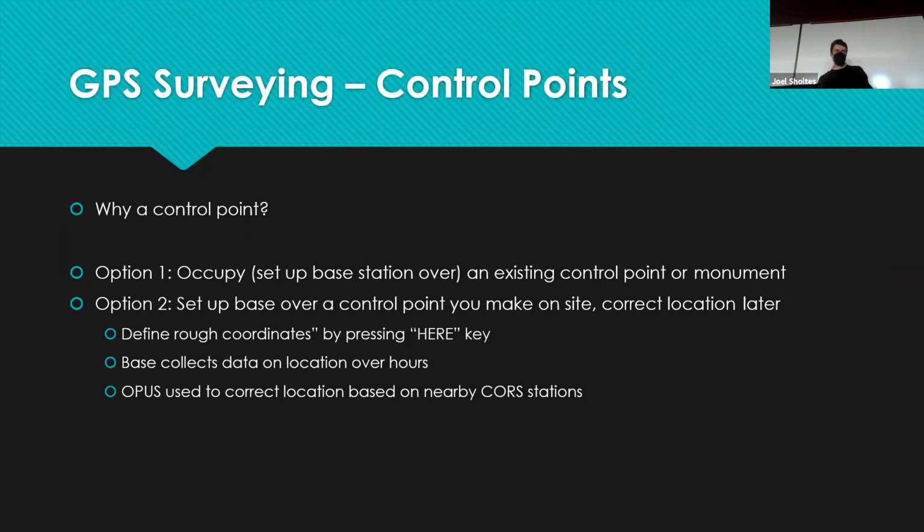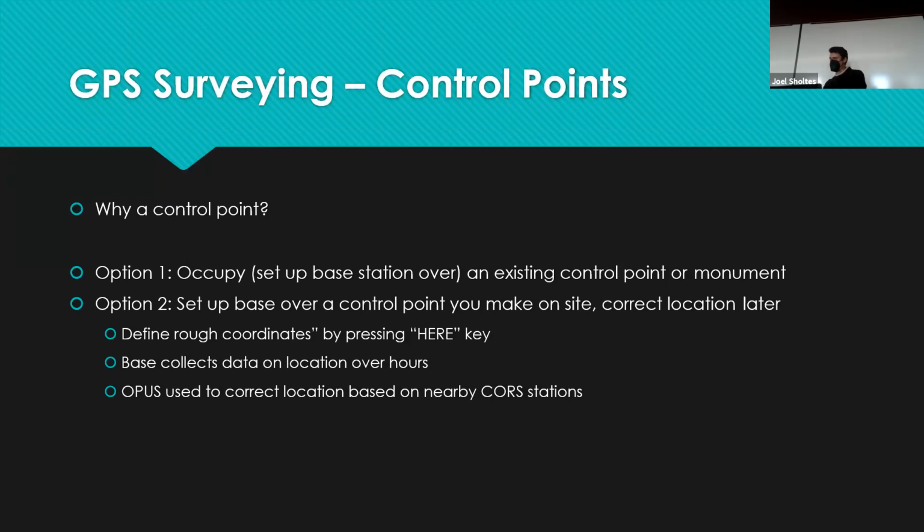All right, let's bring it back to our GPS. We have control points. Why do we need control points? Why do we care to have a control point on our survey site? A monumented thing, a rebar, something that's semi-permanent. We need to come back to it, right? So Justin's working on the highway project.